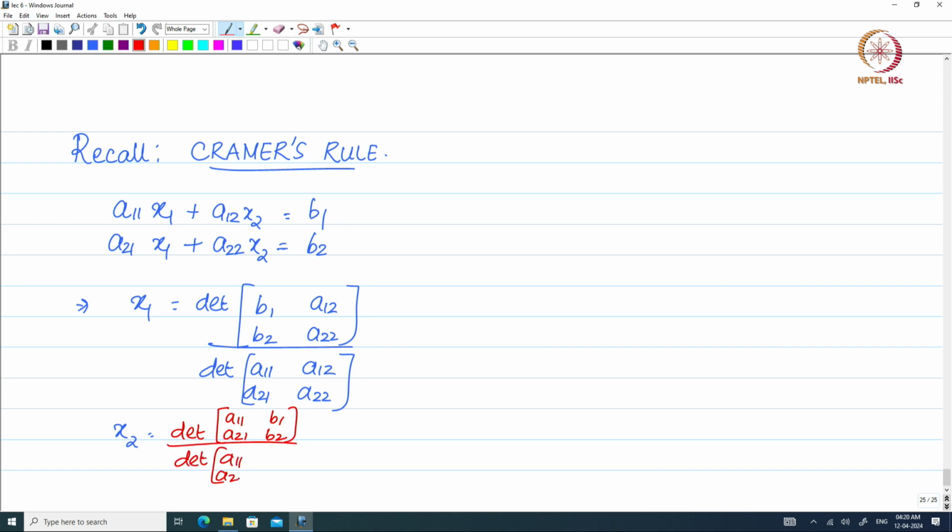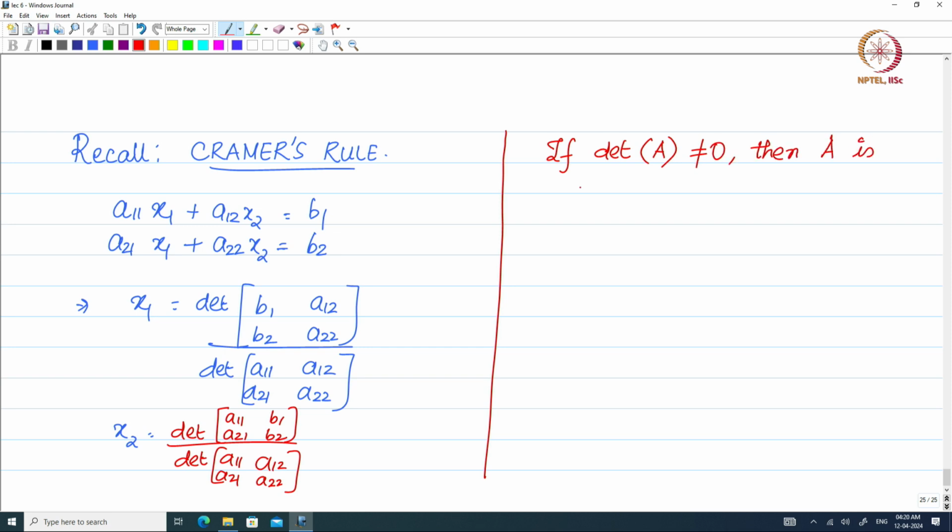A11 A21 A12 A22, and we said that if the determinant of A is not equal to 0, then A is invertible. That is precisely what we have here. If you want a linear map to be invertible, the determinant of the linear map must be not equal to 0.